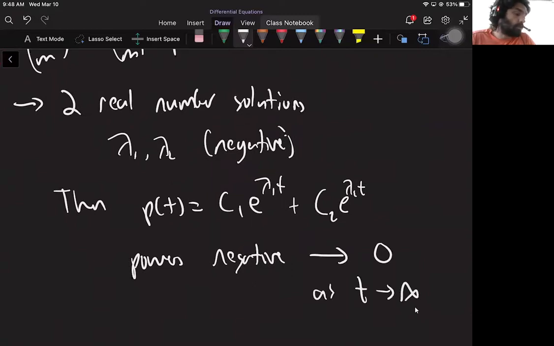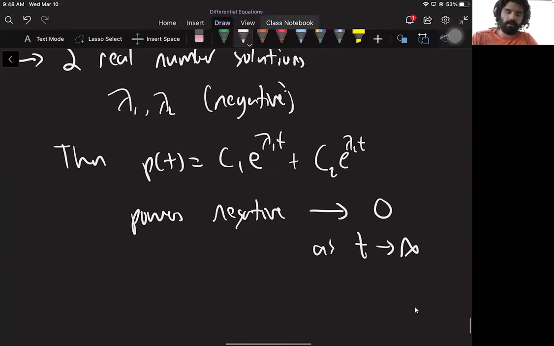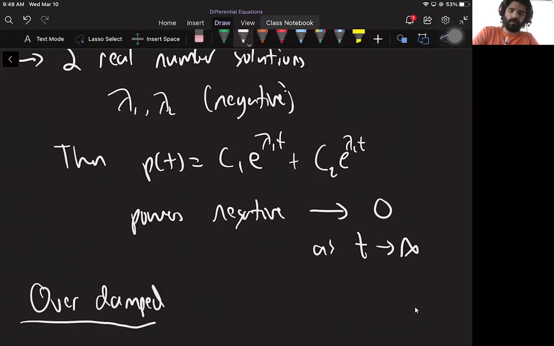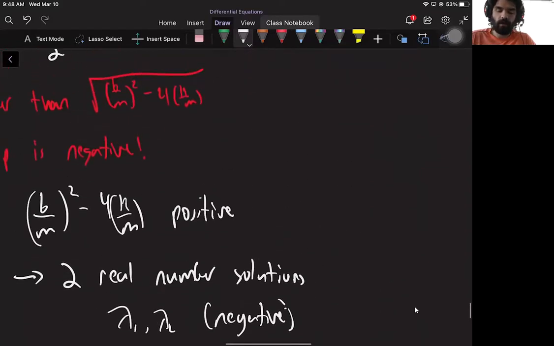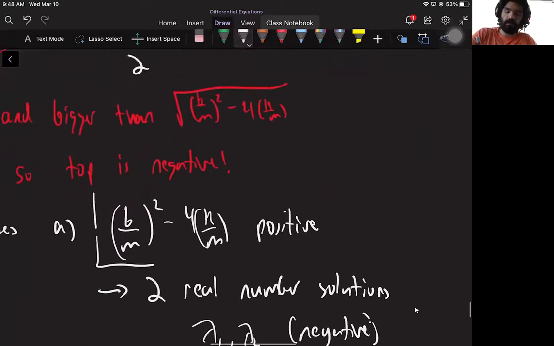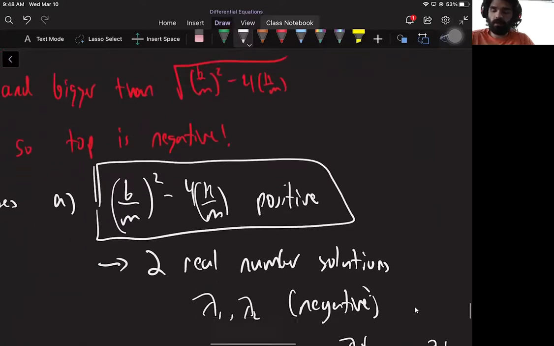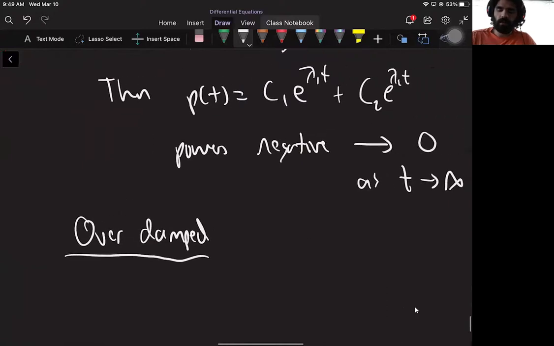This is the first example we did, and this is called being overdamped. So when the inside of the square root is positive, this is called being overdamped, and it's because there's too much air resistance or too much resistance of whatever kind.